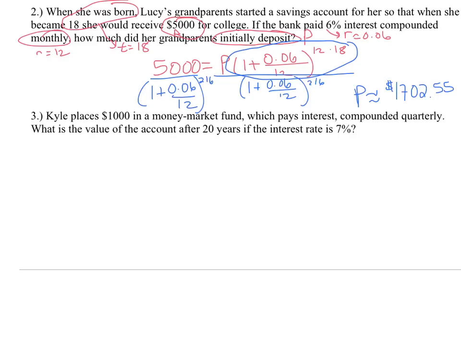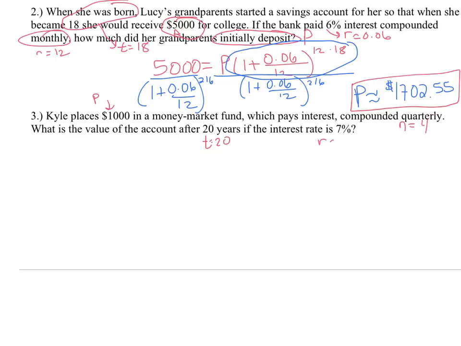Alright, so the next problem says Kyle places $1,000 in a money market fund which pays interest compounded quarterly. What is the value of the account after 20 years if the interest rate is 7%? So he placed $1,000, which means that's the principal. Compounded quarterly means n equals 4, t equals 20.